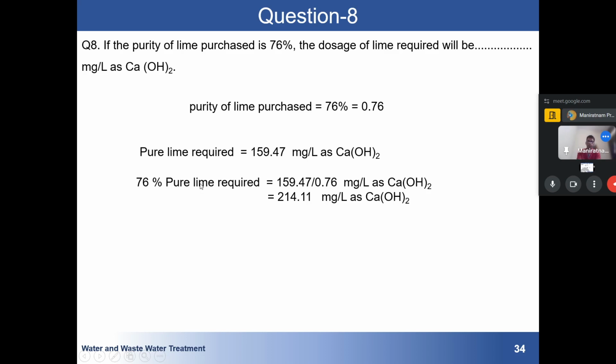So the 76% pure lime required will be this divided by 0.76, that is 214.11 milligram per liter as CaCO3.